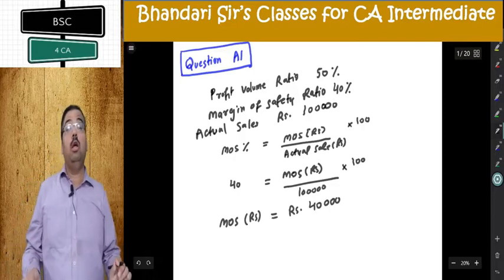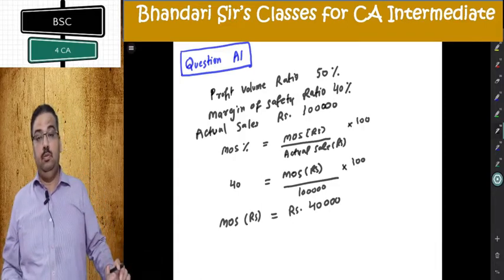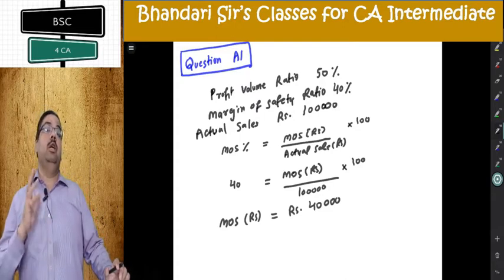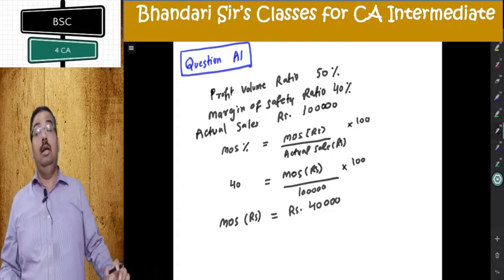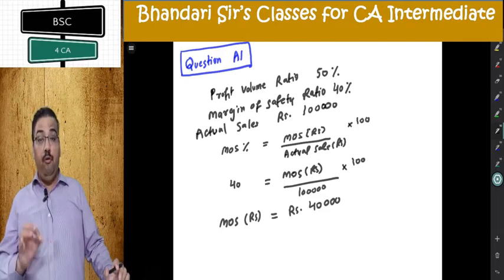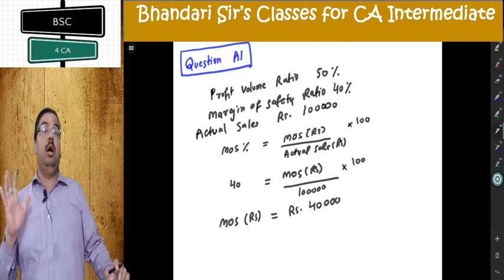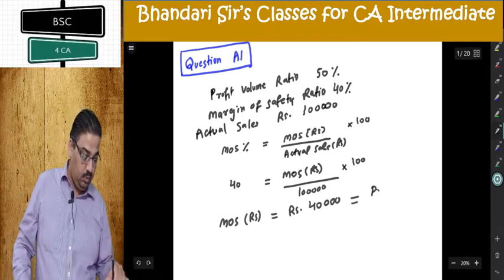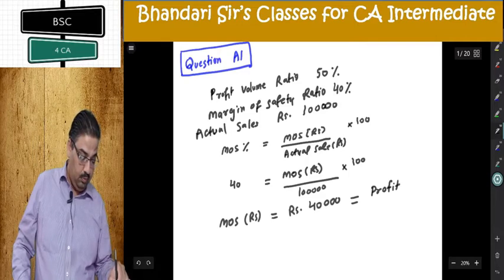Now, what are the formulas of MOS in rupees? One formula is actual sale in rupees minus break-even sale in rupees. Another formula is profit divided by PV ratio. I want profit, so this formula will be of immense use here. This is equal to profit divided by PV ratio.